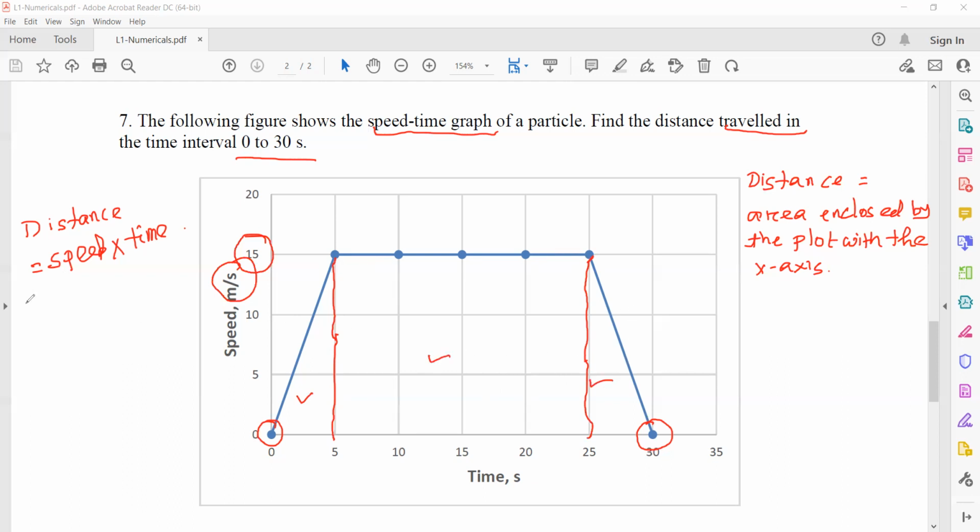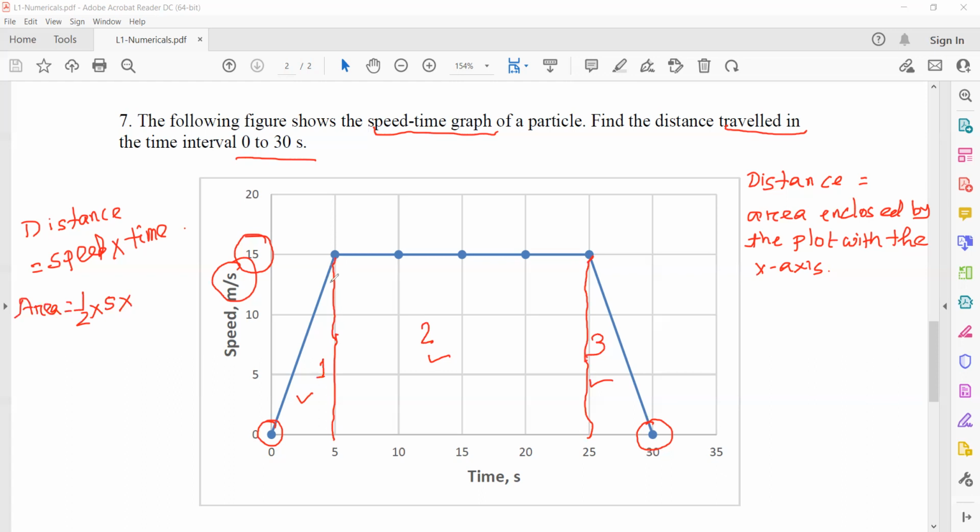So how to calculate the area now? Because once you can calculate the area, that would give us the distance covered. First calculate the area of the first triangle. There are 3 regions: region 1, region 2, and region 3. Area of the first triangle is half multiplied by base multiplied by height.